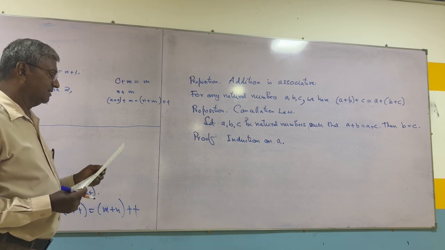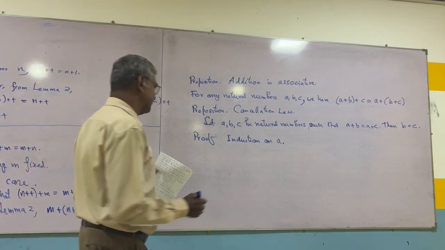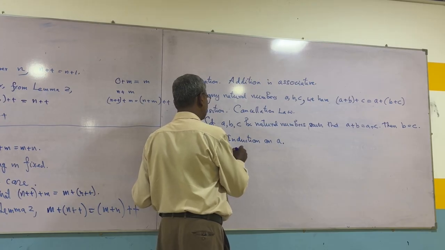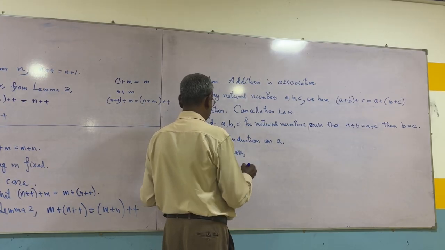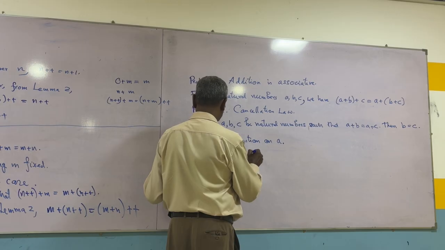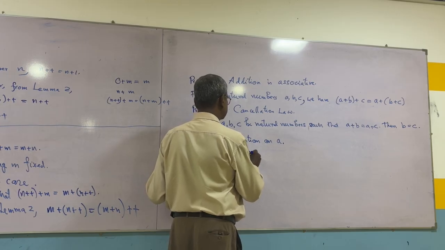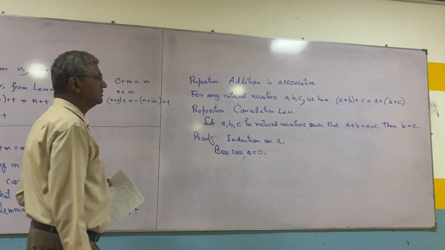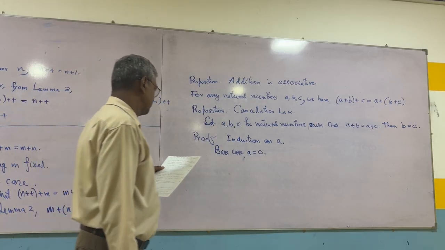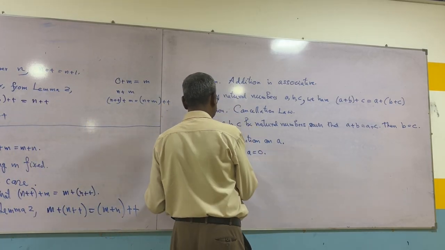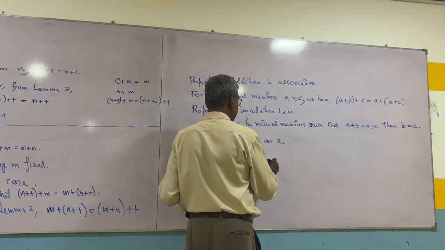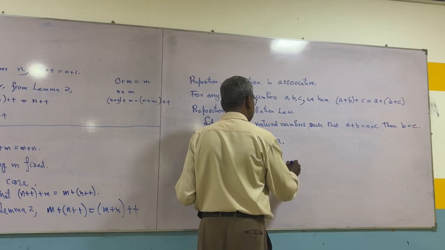Okay, let's see. First consider the base case, a is equal to 0. Then we have 0 plus b is equal to 0 plus c.